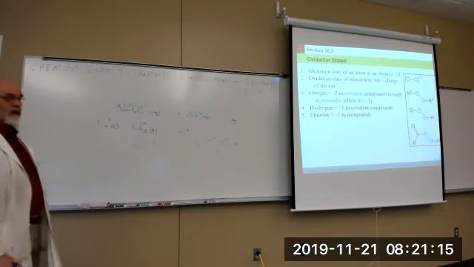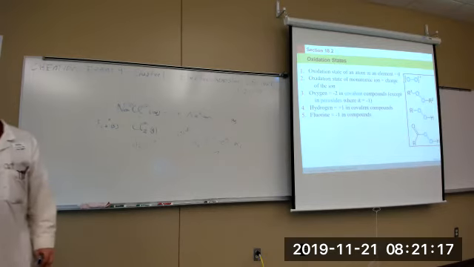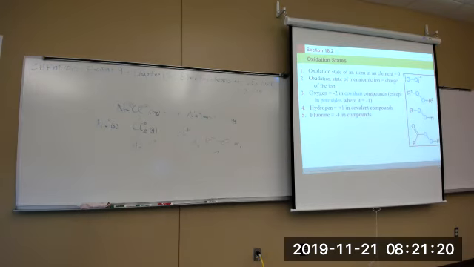Fluorine is a -1. It's always a -1. If you look at your review document and the periodic table at the back, you'll see on the right-hand side of each one of the boxes with an element a list of charges.